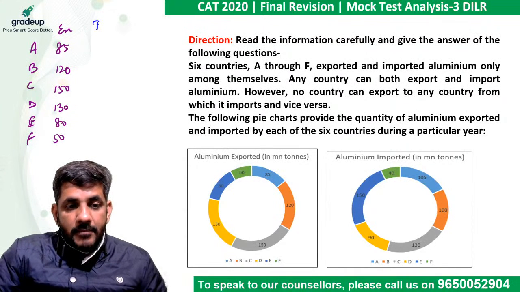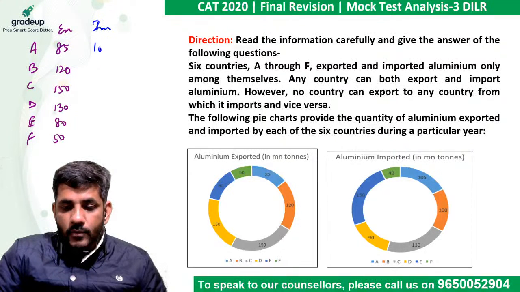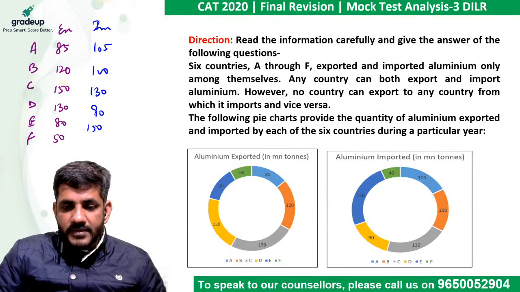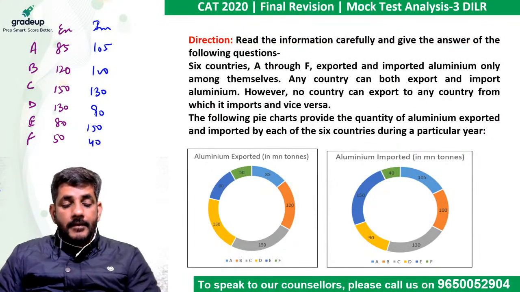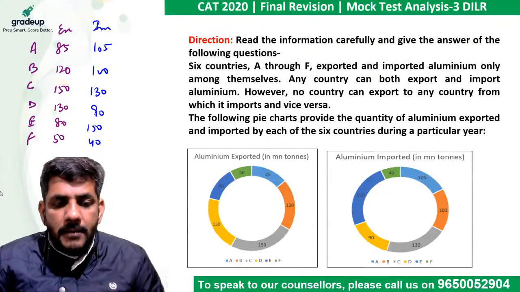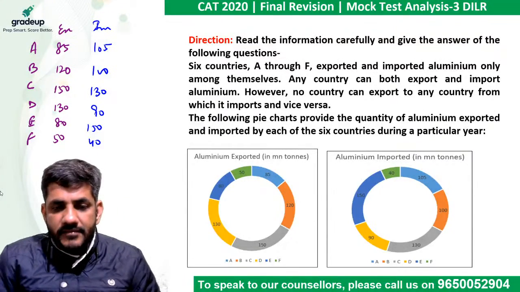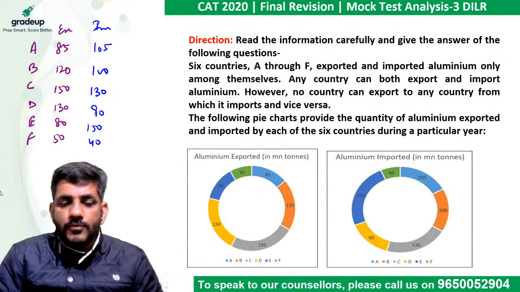And if I look at the imports, they are 105, 100, 130, 90, 150 and 40. So for example, country A is exporting 85 million tons. Where is it exporting 85?